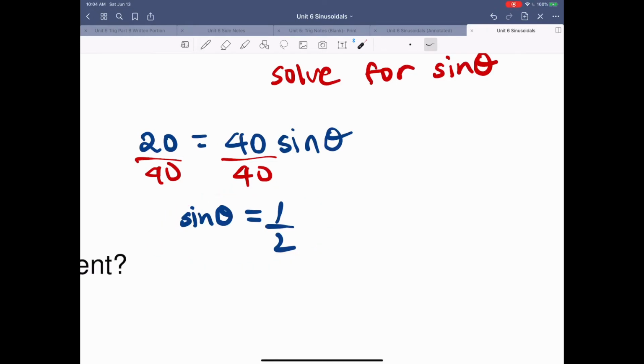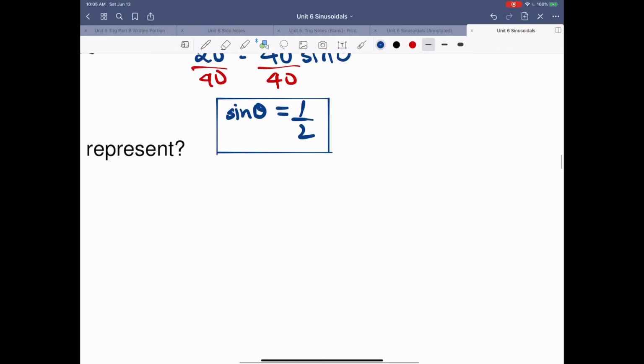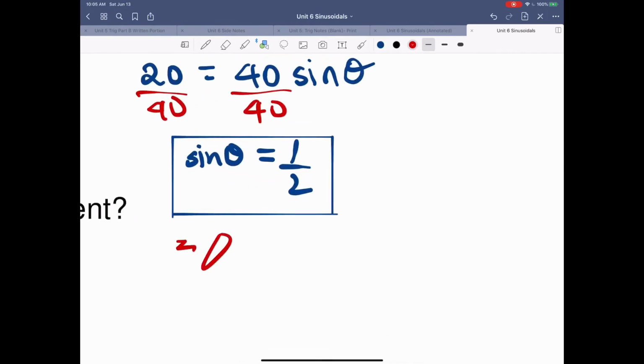But there are some cases where you do not get a nice answer. We have to prepare for those cases and know the full picture of what's going on. So I'm going to verbally tell you that you could have gotten this next part using a calculator, but be prepared for all situations, okay? For the second part, we're going to use a special triangle.